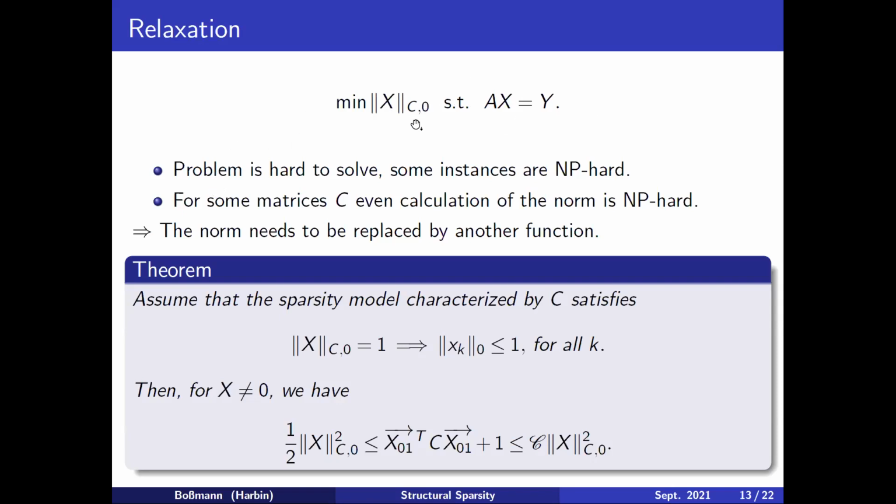So the problem is, we have seen before, calculating this norm can be NP hard, and solving this problem is definitely NP hard. So there's no way we can do this. We need to replace the norm itself.